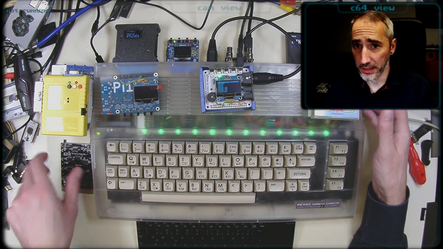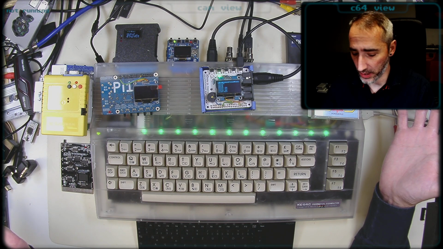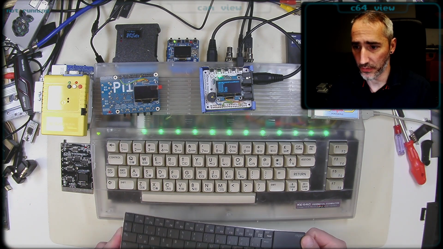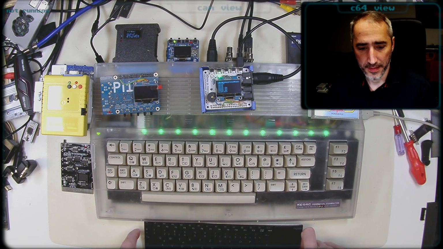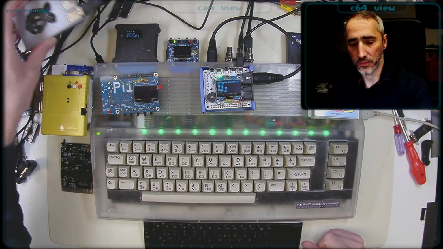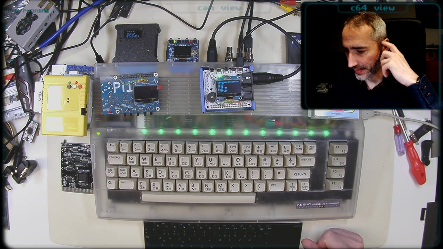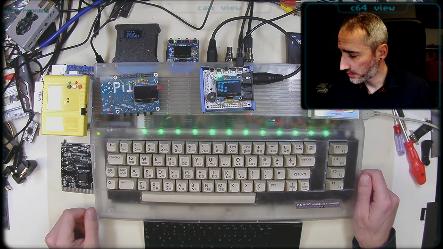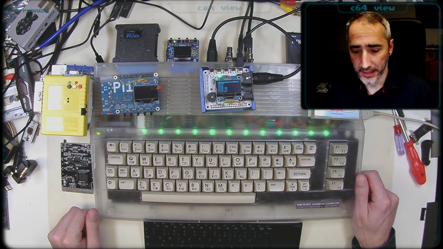Yep, and that's actually the whole thing that's going on. So this little keyboard is actually for the Raspberry Pi thingy I had to work on, and actually that's what's going on here on my desk.